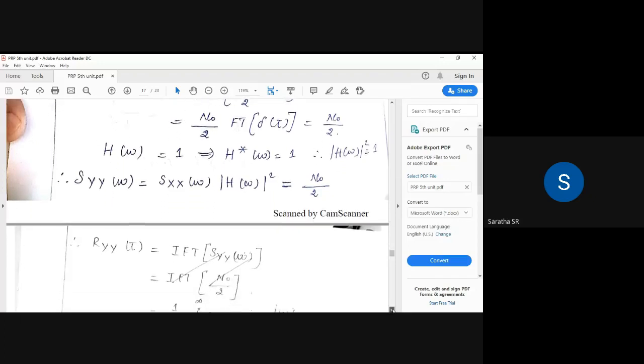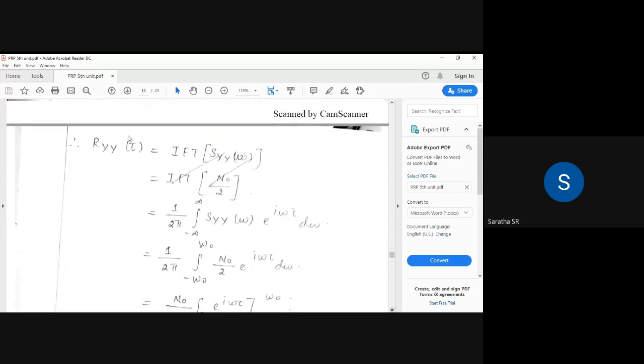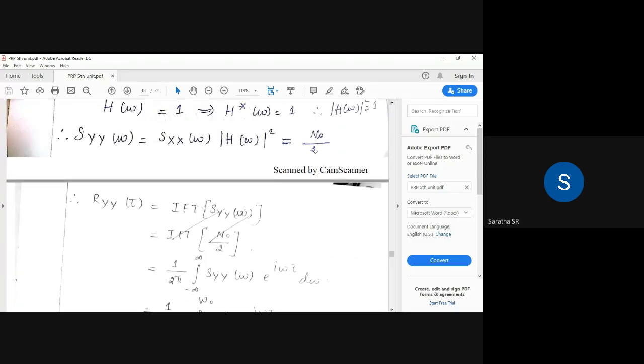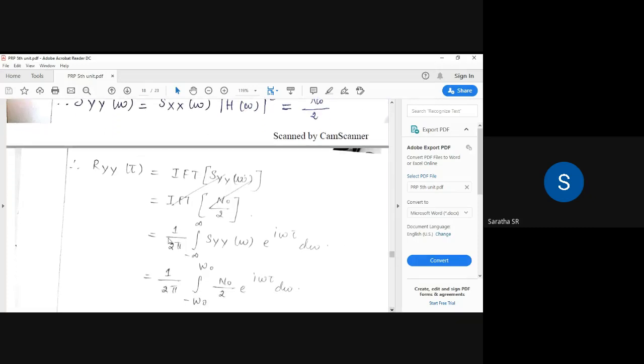Then Ryy of tau is the inverse Fourier transform of Syy of omega, and here Syy of omega is N naught by 2. We don't have any property for finding this inverse Fourier transform, so in that case you apply the definition itself: 1 by 2 pi integral from minus infinity to infinity of Syy of omega e power i omega tau d omega.